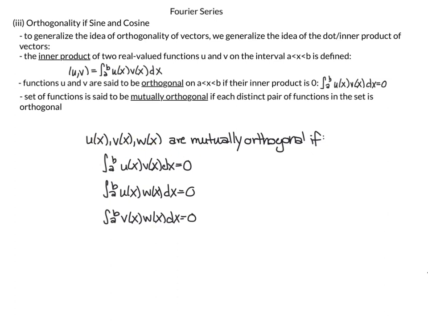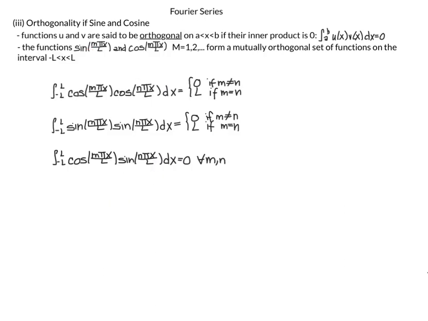And then last, the functions sine of m pi x over L and cosine of m pi x over L, for m equal to 1, 2, up to infinity, so all the natural numbers, form a mutually orthogonal set of functions on the interval x from minus L to L. In other words, when we go from minus L to L, consider the integral of cosine of m pi x over L times cosine of n pi x over L dx.